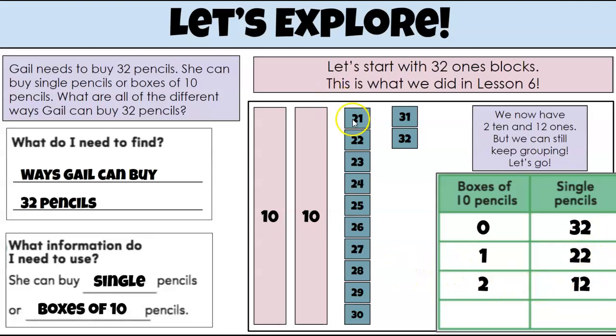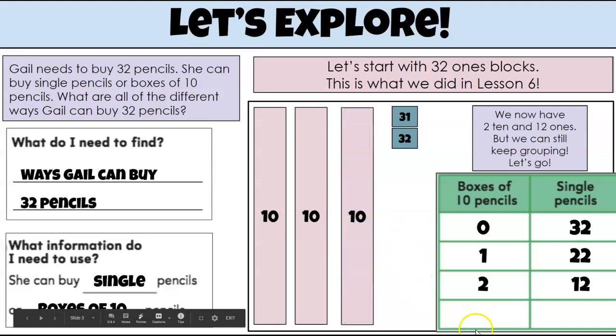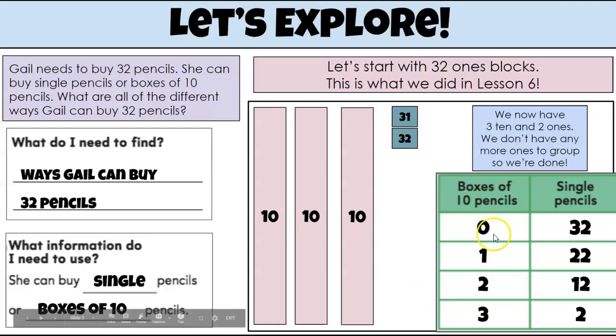I hope so. Do I still have another group of 10 I could use? I do. So now I have 3 groups of 10 and 2 ones. So these are 4 different ways to show the number 32. Now, if you were thinking in your mind, well, what way would I write that correctly?